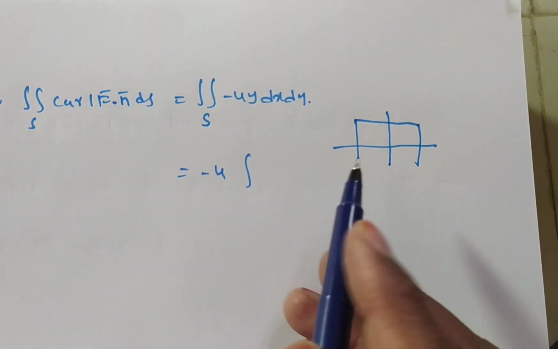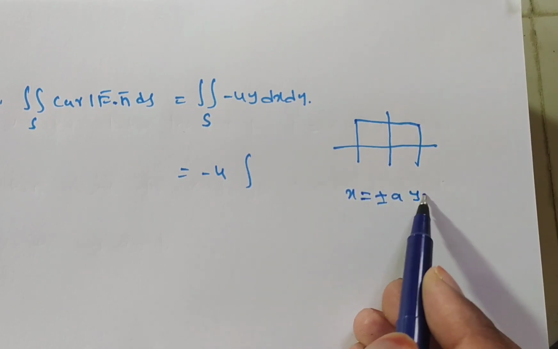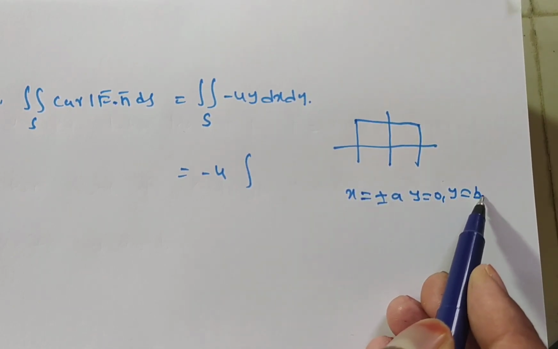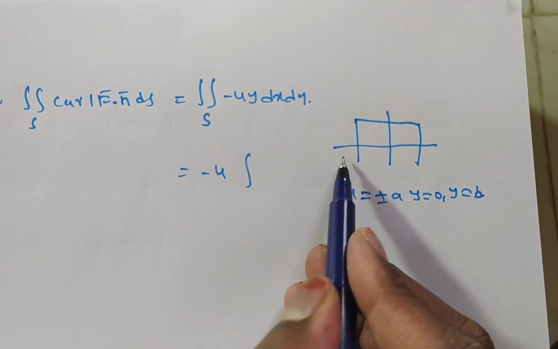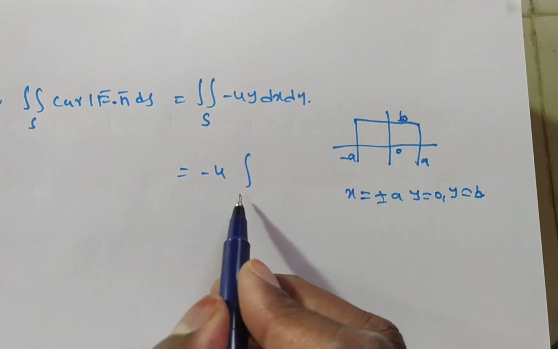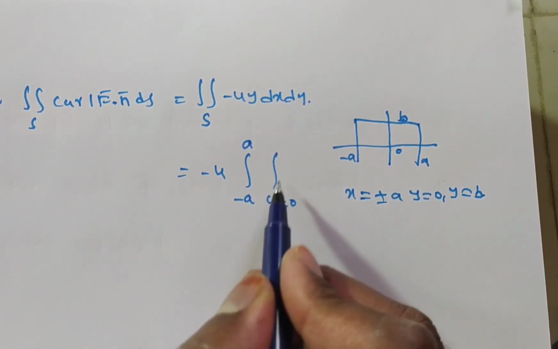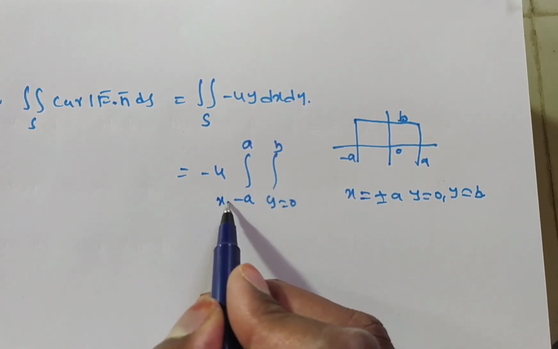On this rectangle, x is equal to plus or minus a, and y is from 0 to b. So x is moving from minus a to a, and y is from 0 to b.